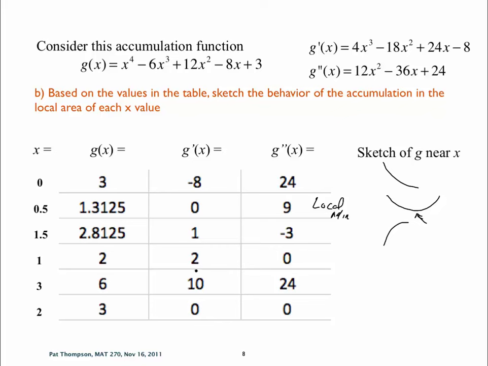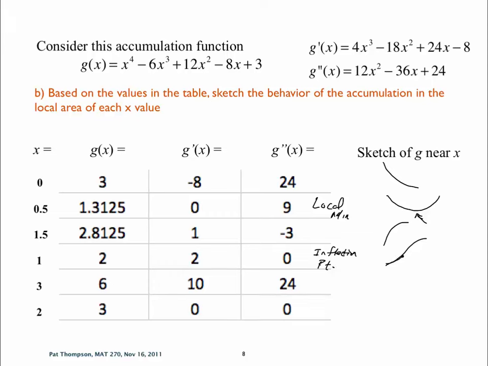Okay, what about this one? What's happening to g? This is positive, so g is increasing. And what is this telling us about the rate? The rate is pausing. So increasing, and then for a moment the rate pauses, and then it's going to go the other way. So this is an inflection point where the function is increasing.